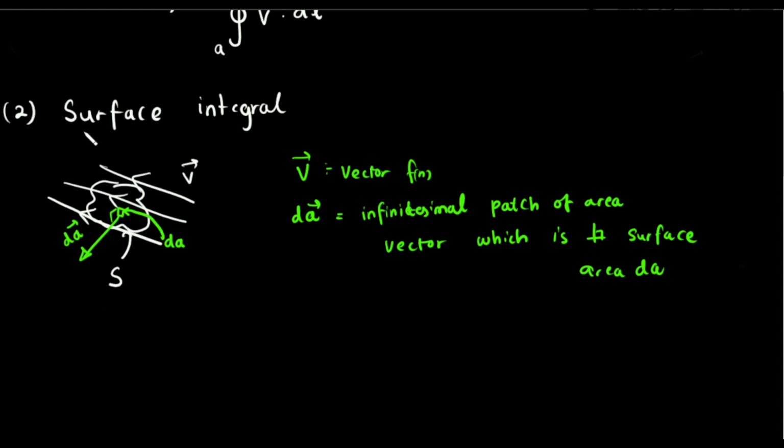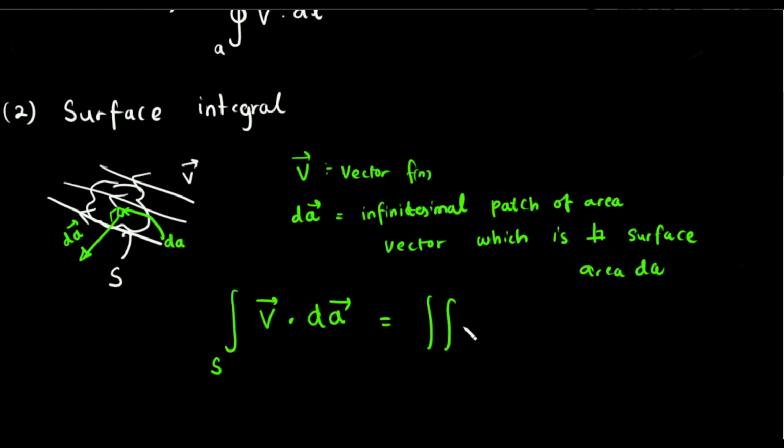So now I'm going to define the surface integral. When we have a surface, I'm going to define the surface here, that's why I wrote S here. When we have a surface integral, that means we have v dot dA vector. dA is the infinitesimal patch of area vector which is perpendicular to the surface area. This is actually a double integration.